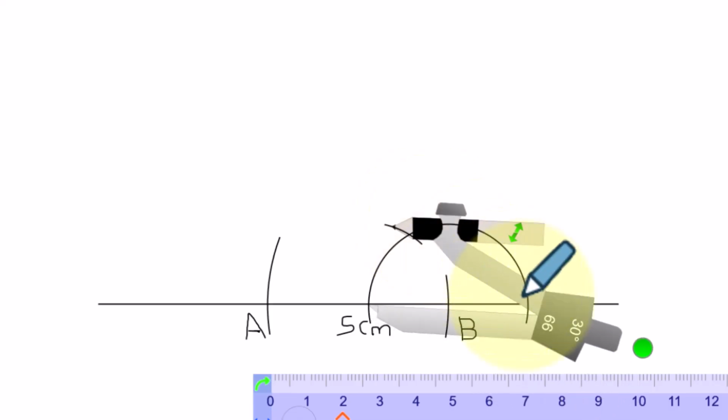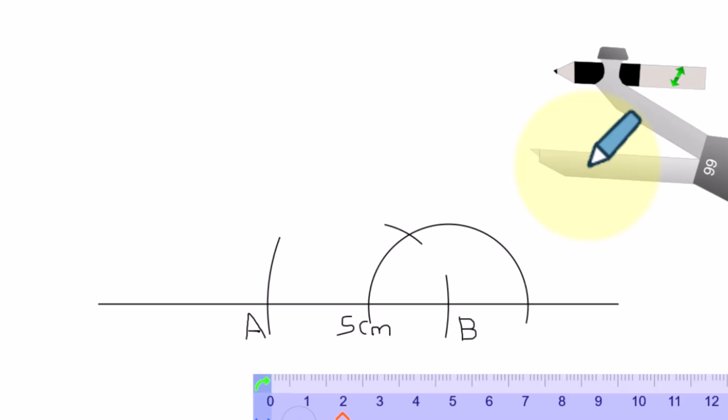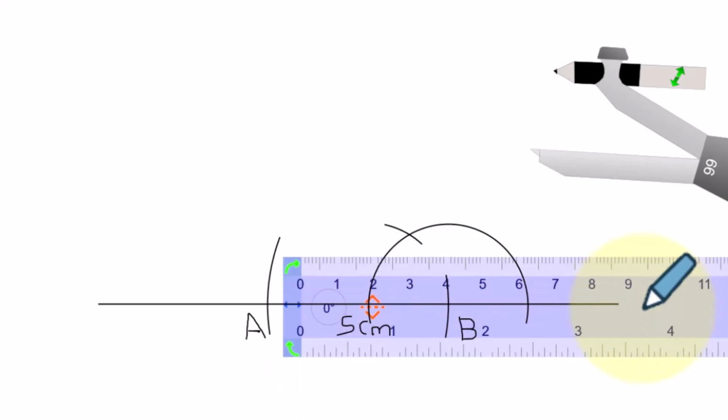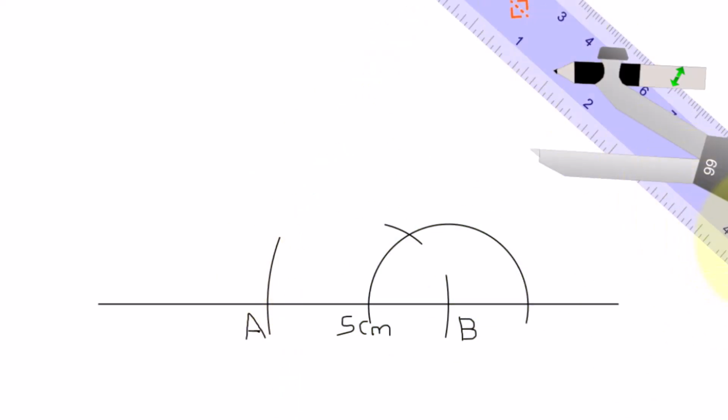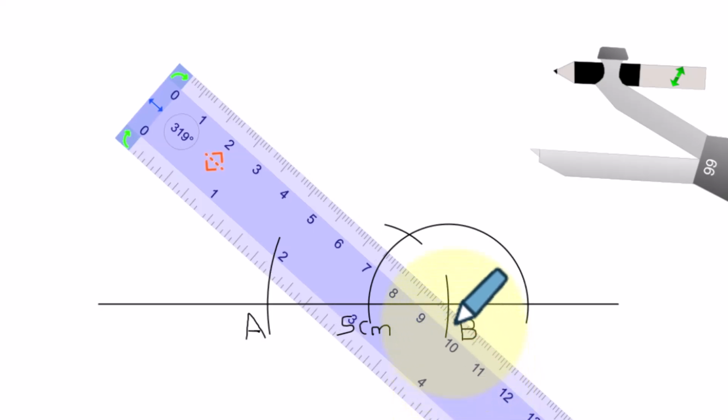It's the simplest construction we have in mathematics. This is 60 degrees. Then carry your ruler, join the starting point B to this place, join them quietly.